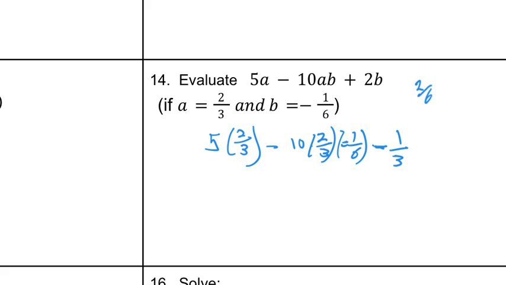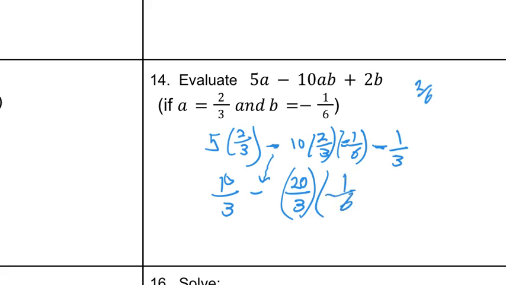All right, so let's look at this. So we have 10/3 minus. This looks like a negative number and another negative number. Let's go ahead and do this. Minus, which is that one. 10 times 2 is 20/3. And I've got negative 1/6 as well. Minus 1/3.